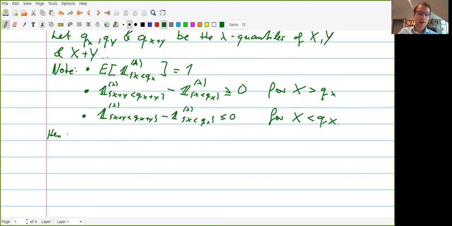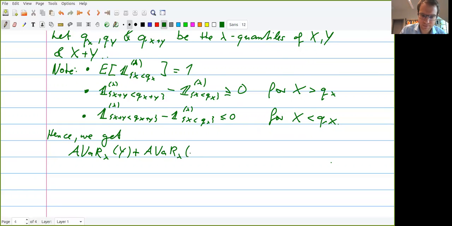But this is what we want to use now to see the sub-additivity. In order to check the sub-additivity, we take the average value at risk of level lambda plus, and we need that this difference here is greater or equal than 0.